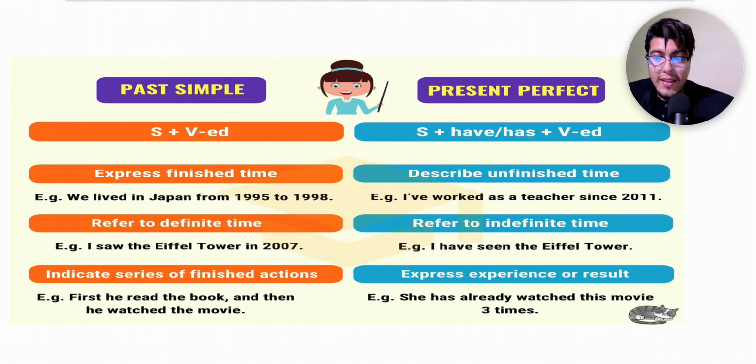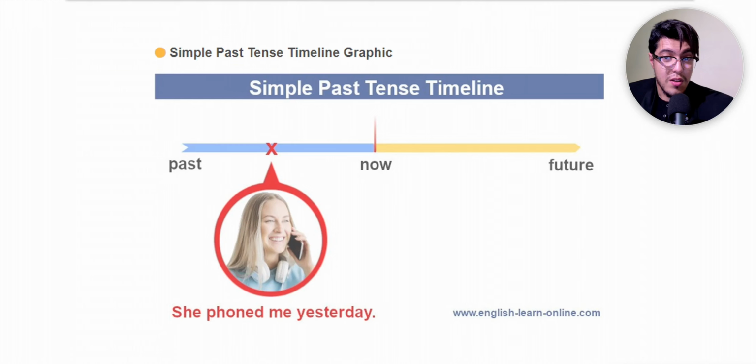The past simple indicates a series of finished actions. The present perfect expresses experiences or results. So the difference is very simple, I guess. And this is a simple past tense timeline. Shall we say, she phoned me yesterday? It's in the past.